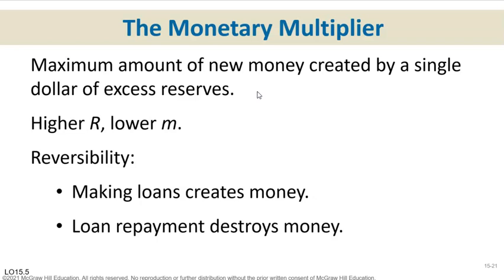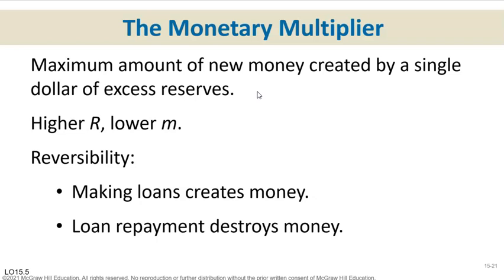And there's two more things I want you to remember about how this works. First, we talked about how making loans creates money. If loans are repaid, it destroys money. That just means that the money supply becomes smaller. The second thing you want to remember is that if banks are all loaned up and excess reserves are zero, the money multiplier works very well.